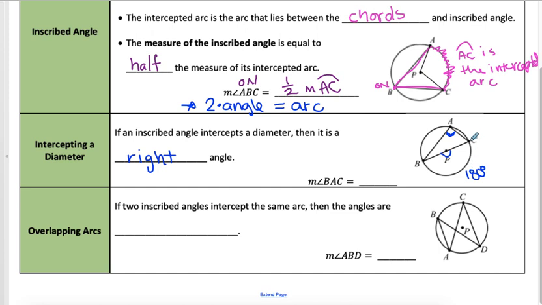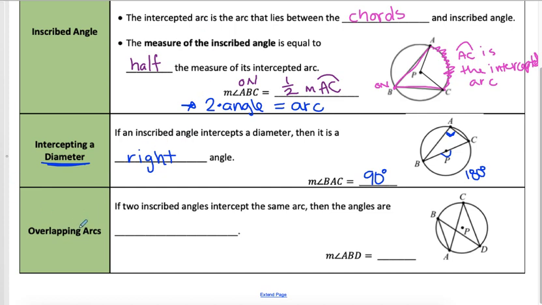Here's 180 degrees; half of that gets me the 90, and 2 times this gets me the 180. So the measure of angle BAC, turning at A, is 90 degrees, and that's a special case anytime we intercept a diameter.